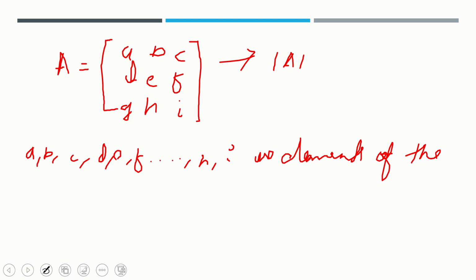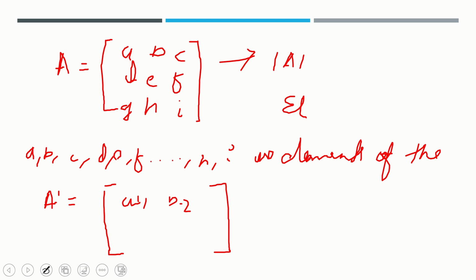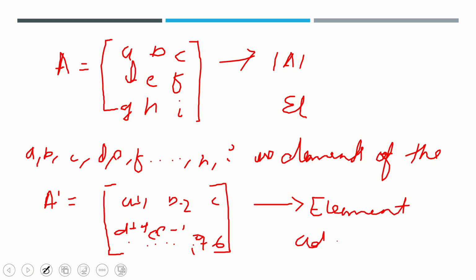Element addition means I can add any real number to any of the elements. For example, I can add 1 to A, subtract 2 from B, leave C as it is, add 4 to D and subtract 1 from E, and likewise add 6 to I. This is generally the meaning of element addition.